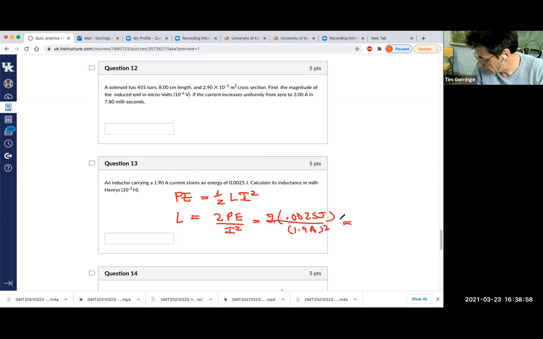And if we multiply that out, I got 0.139 millihenries. And so that's the inductance of the inductor, derived by knowing the energy it stored and the current that was flowing.